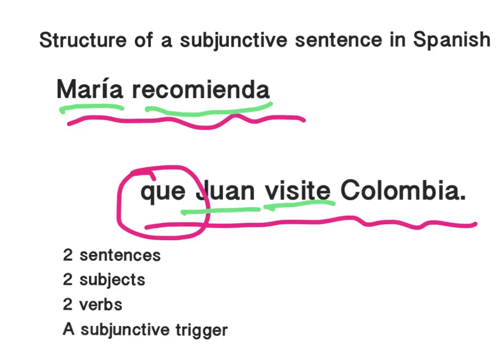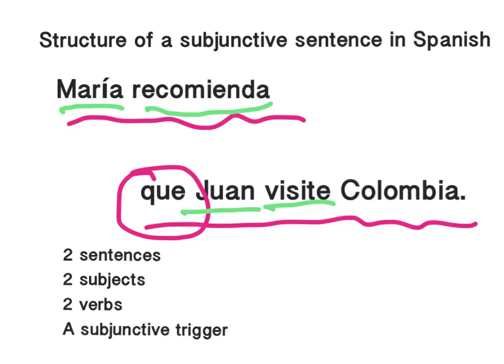Now, the first verb, recomienda, is in the indicative. It is the second verb in the sentence that is in the subjunctive, okay? And why is it in the subjunctive?